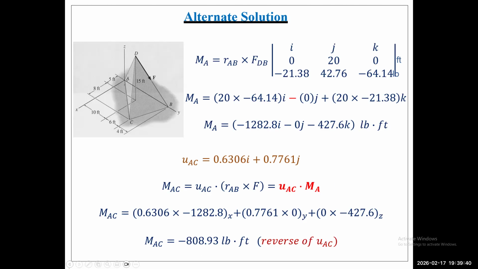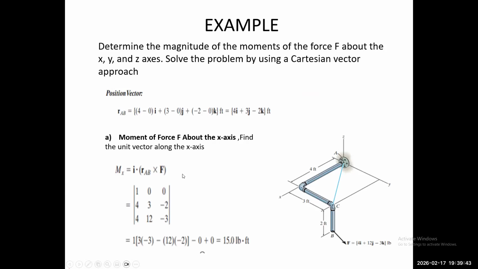And the last one, I think there's a last example there. Oh, these are practice examples, so you can actually do these. It says here, determine the magnitude of the moment of the force F about the x, y, and z axis.